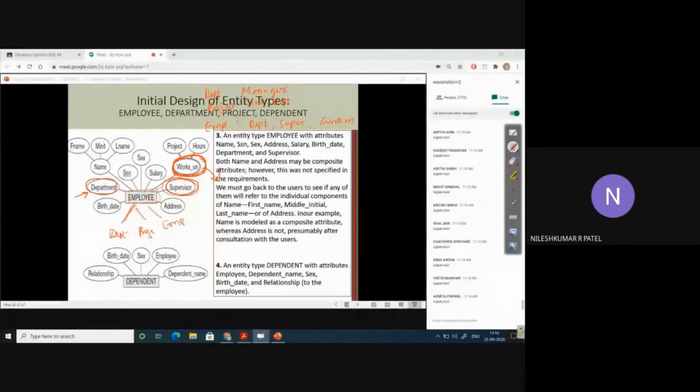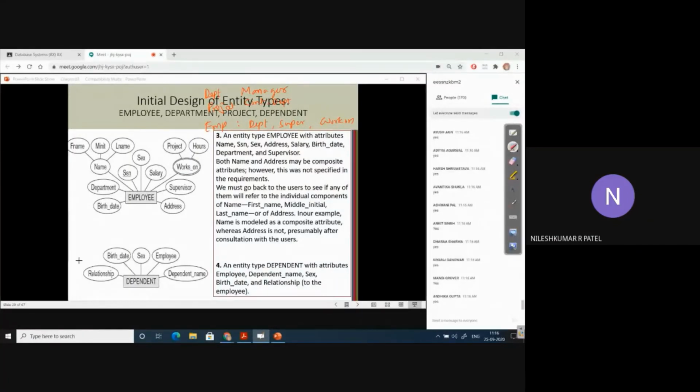So you will see three outgoing relationships from the employee entity type. One attribute represents the relationship with department, supervisor represents the relationship with employee, and works on represents the relationship with the project entity type. Clear to all of you? Yes or no? Okay. So this is the way you have to identify attributes for a relationship.